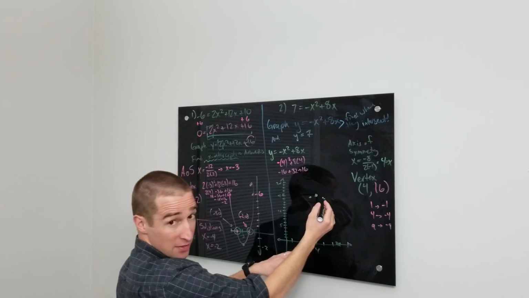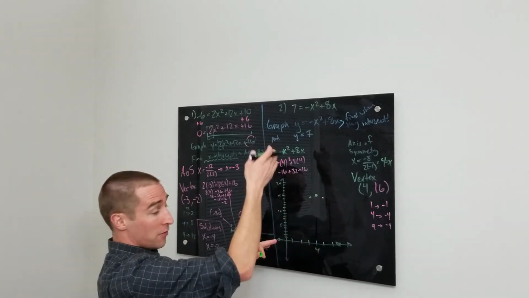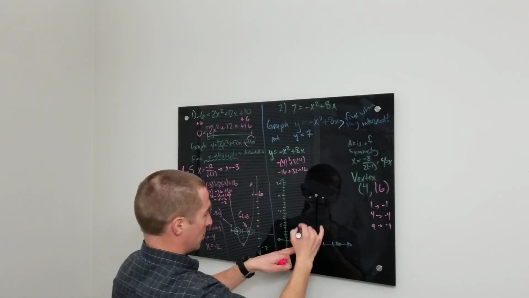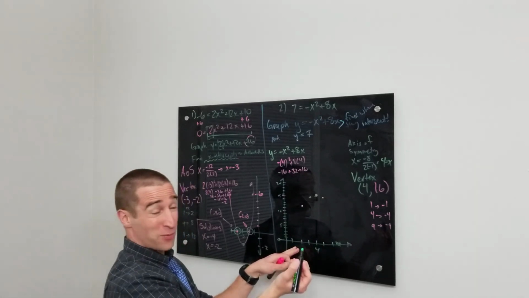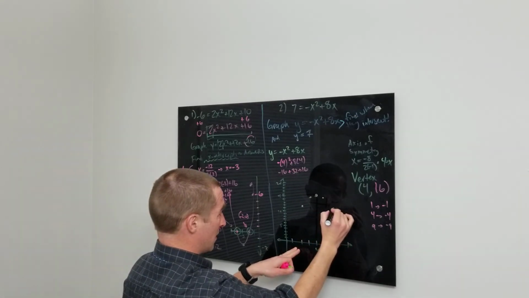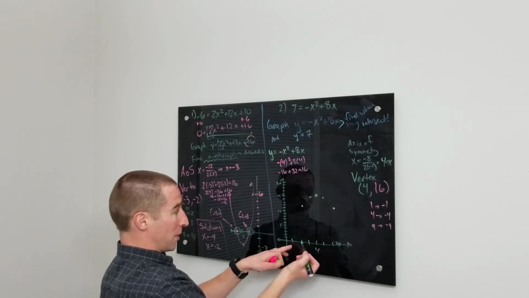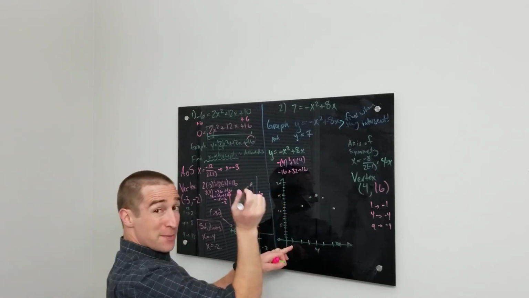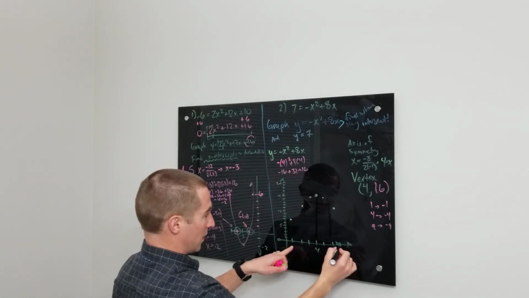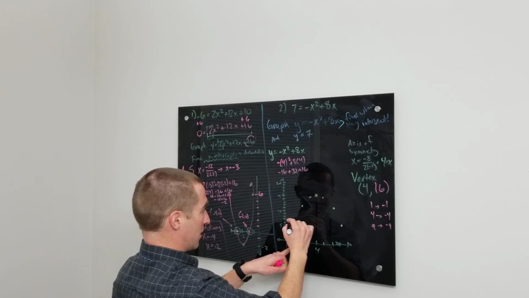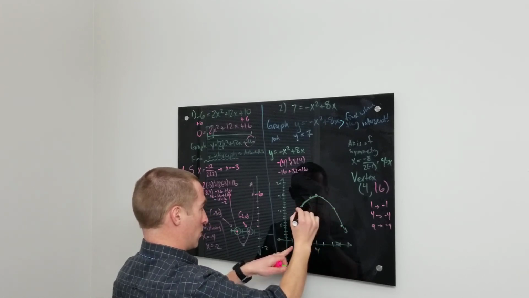So that's at 15, because 16 minus 1 is 15. And I'm going to go 2 over, I'm going to go down 4. So that's 16 to 12, because 16 minus 4 is 12. And then I'm going to go 3 over, 1, 2, 3, and I'm going to go down 9. 16 minus 9 gives me 7. There it is. I can graph this U shape in.